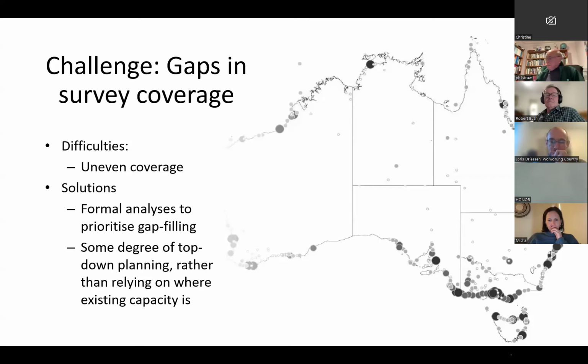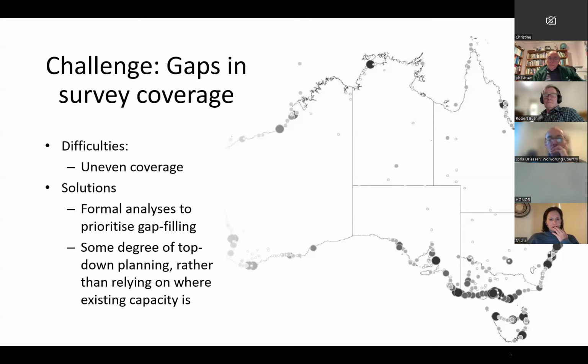Another really big challenge is simply gaps in survey coverage. And we see this in Australia, which is a very large country, and there are many parts of the continent where there's relatively limited data. And that's even within the context of a country that has overall very good monitoring.